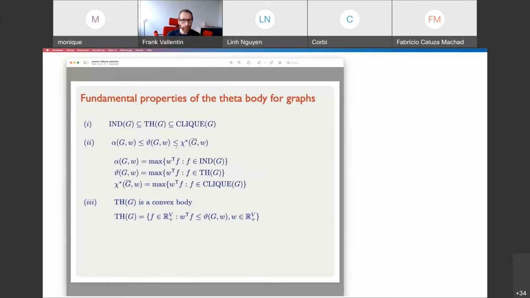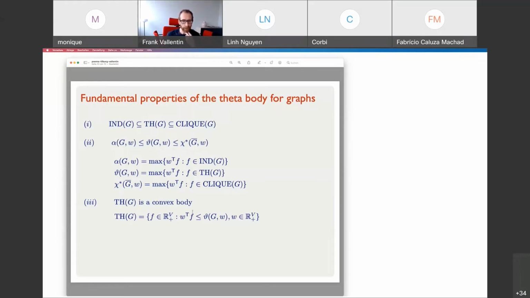Okay, so the third fundamental property is that the theta body is indeed a convex body, so a convex and compact set. And the theta body has a nice inequality description. Namely, these are all vectors f which are non-negative, so that the inequality f fulfills is that the weight of f is less or equal than the theta number of G with weight function W, and this goes through all possible non-negative weight functions.